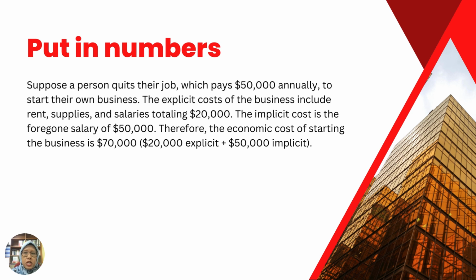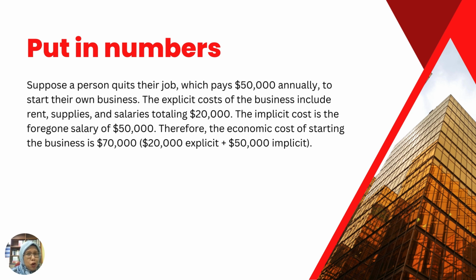To get your business off the ground, you need to cover some upfront costs, isn't it? For example, rent for your office space, the supplies to get things started, and salaries if you're hiring any help. Let's say all of this together adds up to $20,000. So these are your explicit costs, the money you are directly spending to make your business happen.